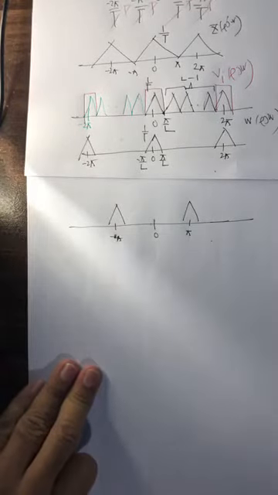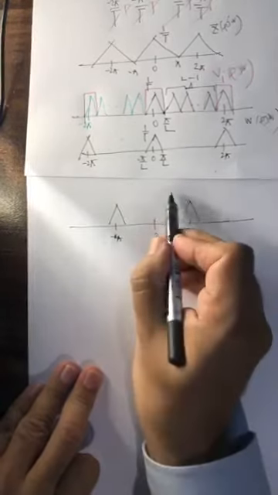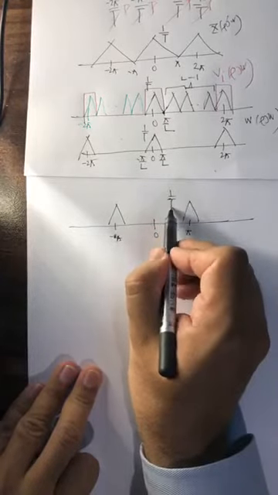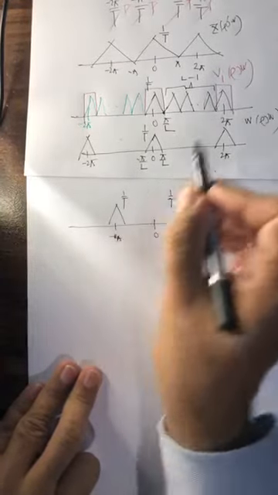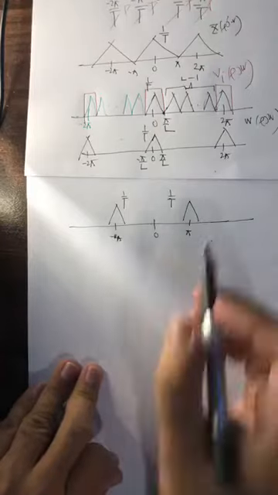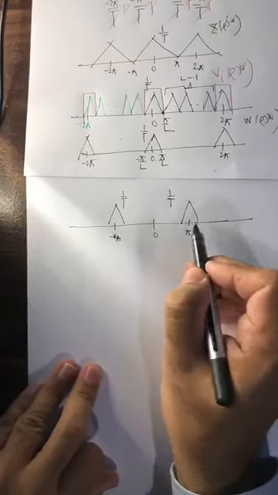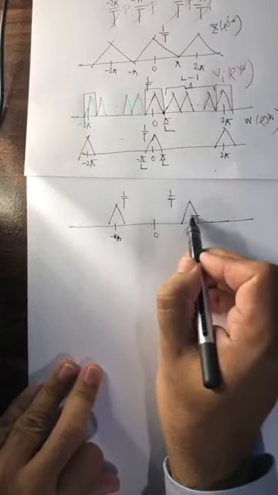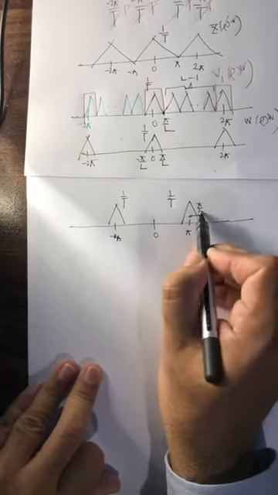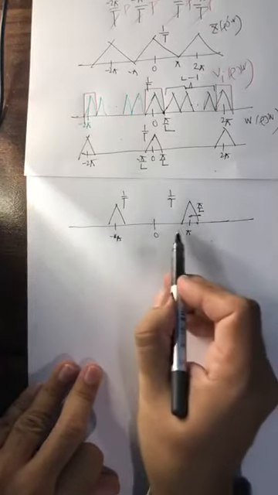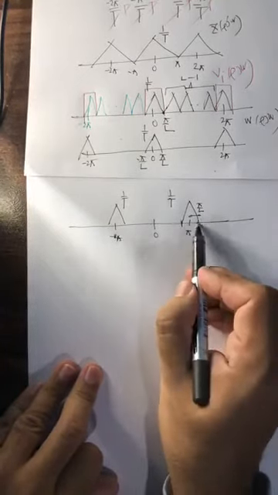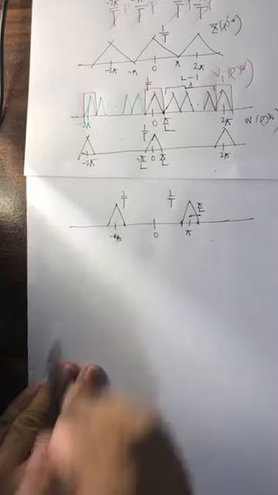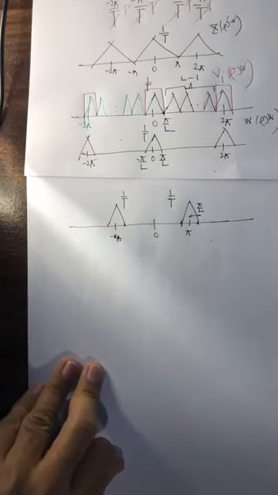So this is what happens once you shift the frequency of the signal. And you know that this much is pi over L. So pi plus pi over L, pi minus pi over L. You can figure out what each of these points is. But this is after you make a shift.